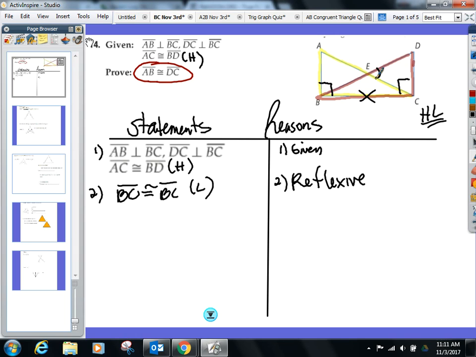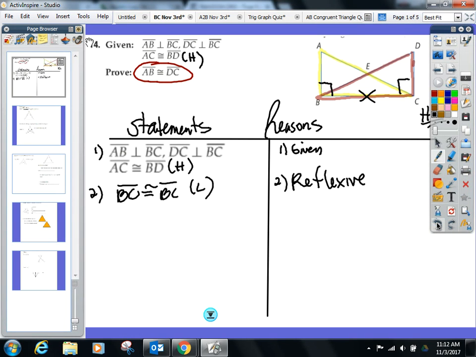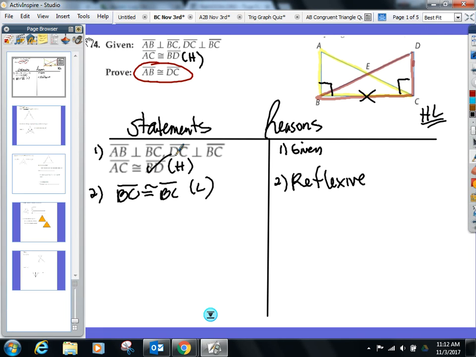So you can have HL because you need another leg. Or I don't know. What's HL stand for? In my red triangle right here, where's the hypotenuse? Already got it. What's my leg in that red triangle?